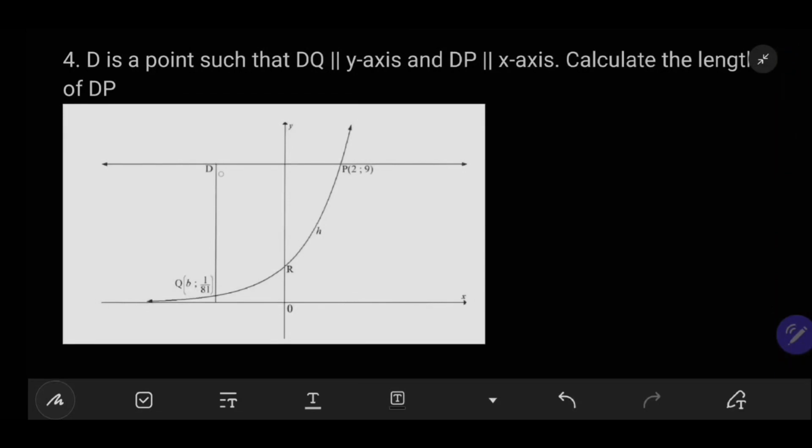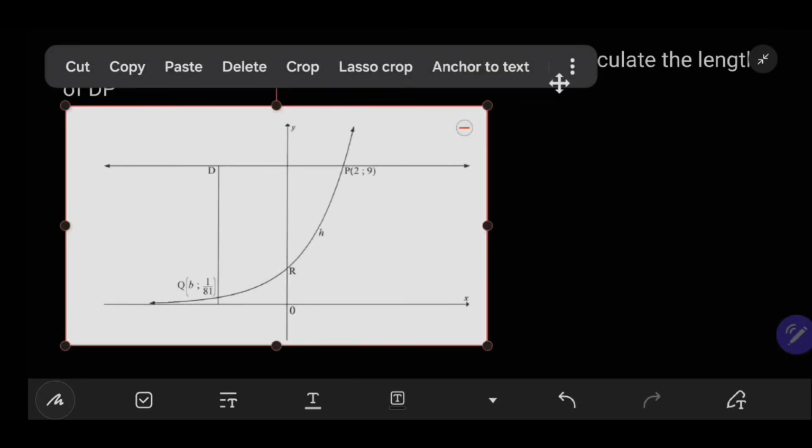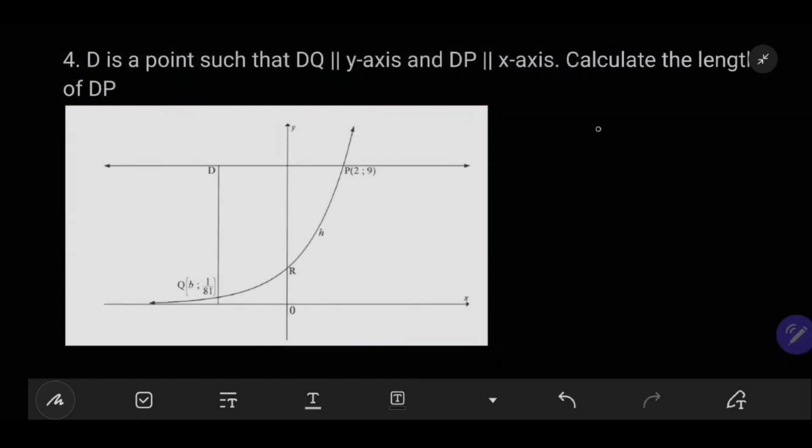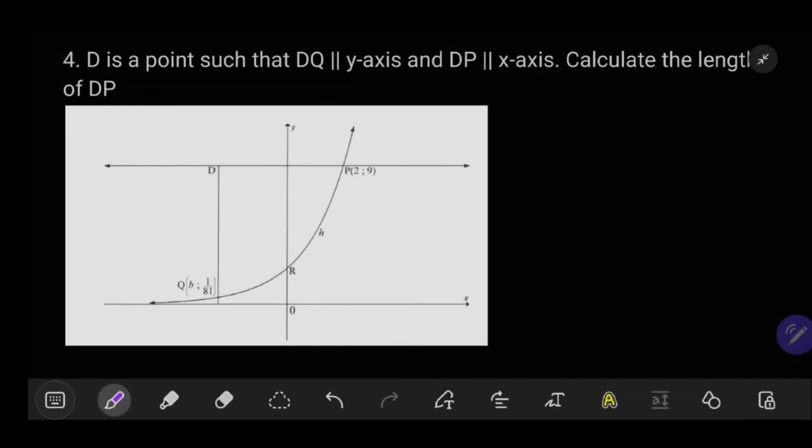They're saying that this point D is such that this line DQ is parallel to the y-axis, and then our DP, which is this one here, is parallel to the x-axis.